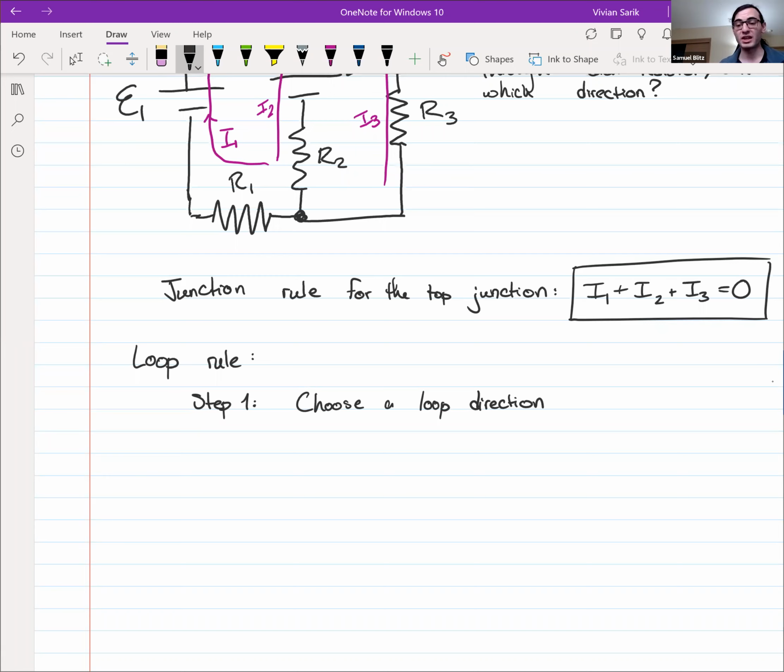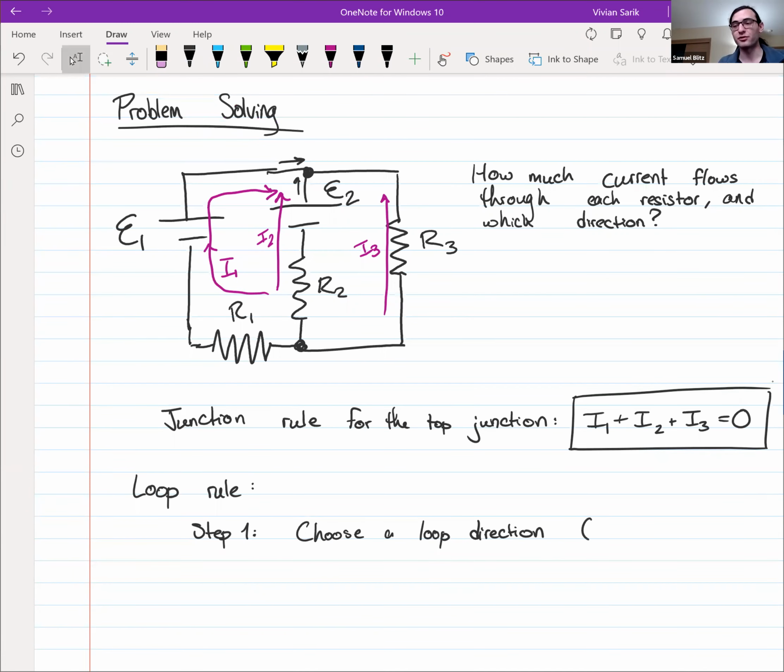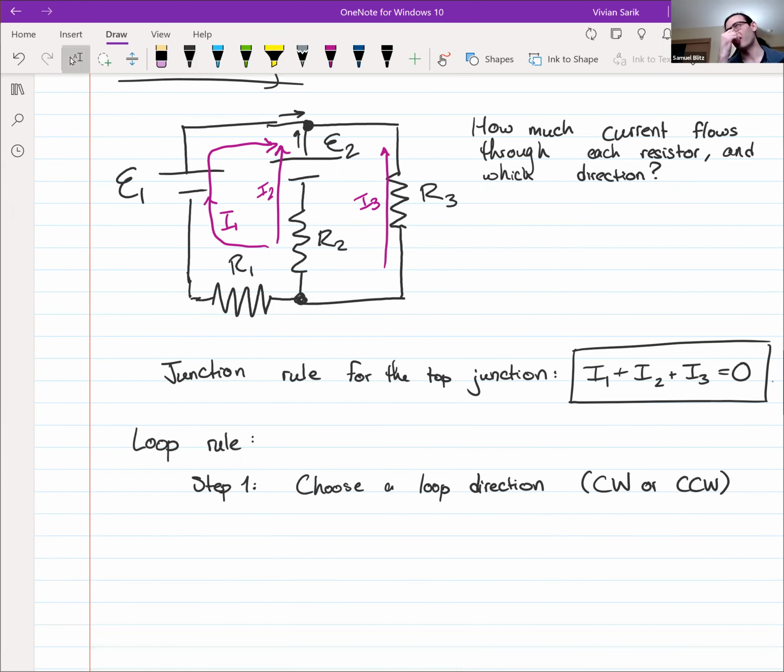But sometimes, like in this case, the currents don't really flow in a single direction. We guessed our current I2 is opposite the direction of I1 if we were talking about the leftmost loop. So there's not a correct choice for the loop direction, and it doesn't actually matter which loop direction you choose. You just have to pick one. You choose either clockwise or counterclockwise, or anti-clockwise for those of you in the Anglosphere, but we're in the Anglosphere, so, well, whatever.